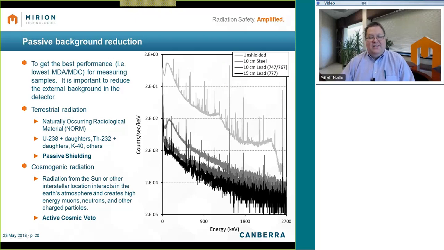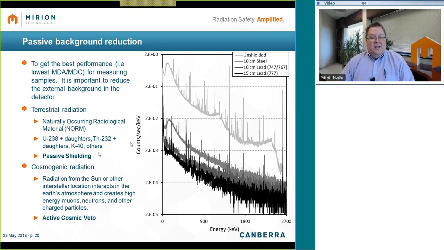One will notice that the biggest gain in background reduction comes from just putting in an amount of steel, and with each increase in shielding you get improved performance, but it becomes less and less each time. That's because the shields are increasingly reducing the amount of terrestrial radiation, which is what passive shielding of lead and steel is quite effective at doing.